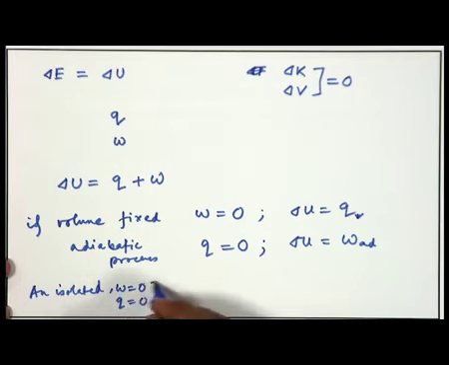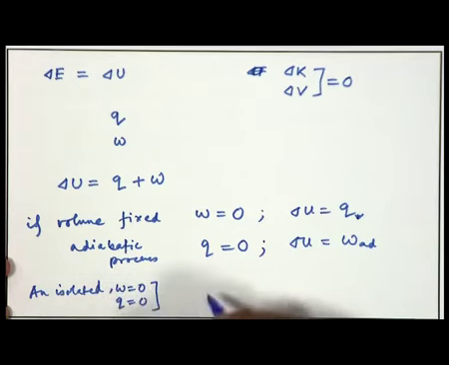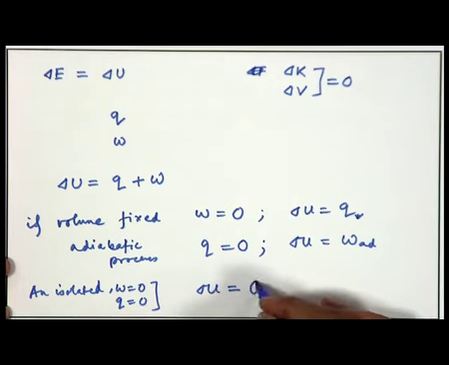So, Q is 0. So, for an isolated system, W is 0, Q is 0, hence del U would be Q plus W, which is also 0.